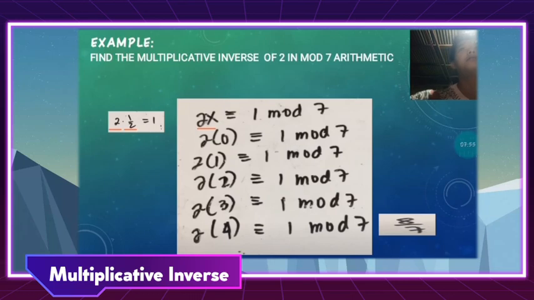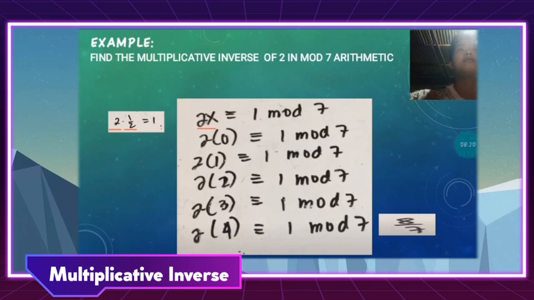So, we will test the possible values of x, and it is easy to find the possible values of x. It must be from 0 to n minus 1. Our n is 7, so up to 6 only. So, we will test them one by one.